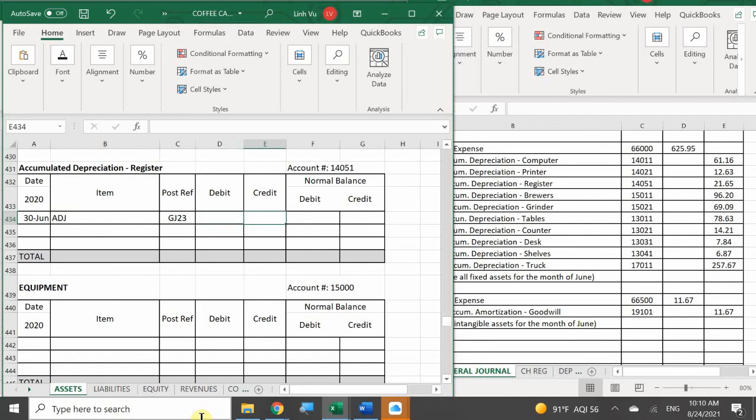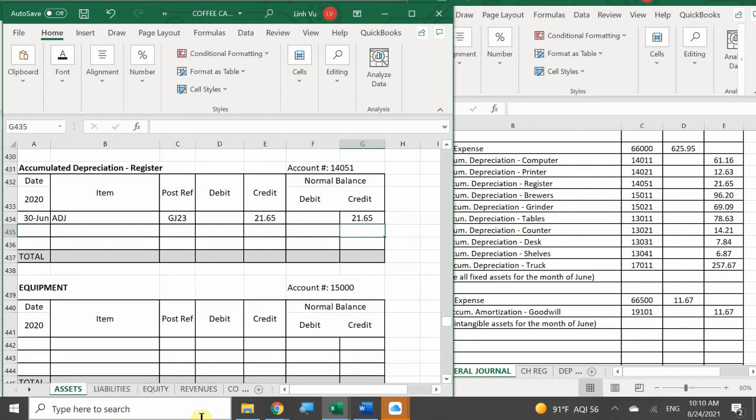General Journal 23 for a total of $21.65.